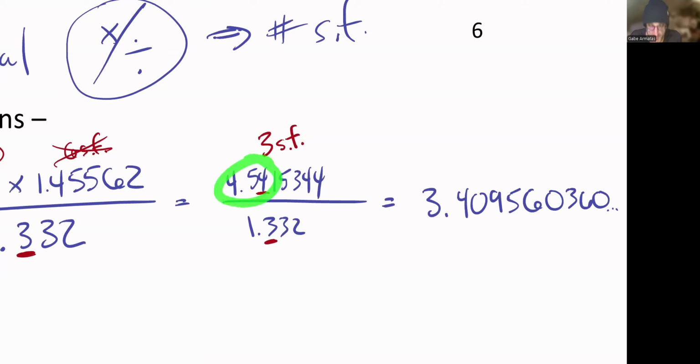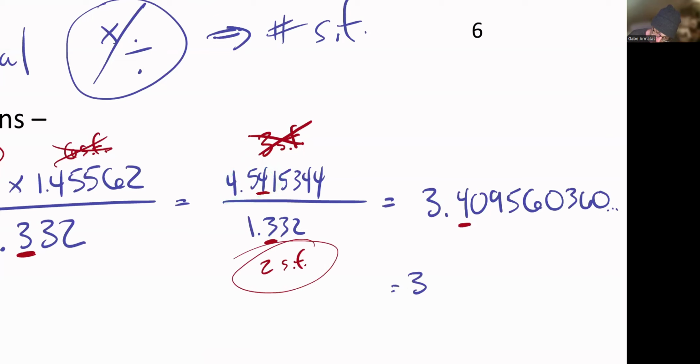This is the relevant set. It would have had 3 sig figs. That's why we underline. This one would have had 2 sig figs. So my answer has to have the least number of sig figs. My answer should just have 2 sig figs. I'm going to underline the second sig fig, and I'm finally going to round. There is my final answer of 3.4.